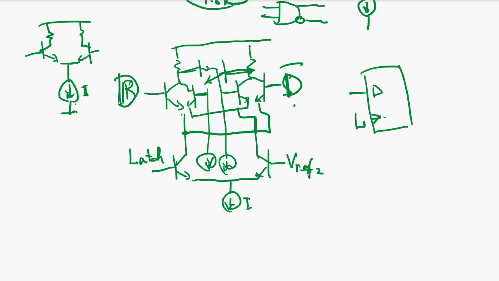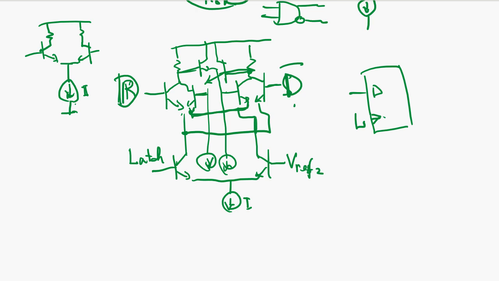Okay, so when latch is high, then D bar determines the state. When latch is low, then this emitter couple decides the state. It preserves the state, so it memorizes the logic state.